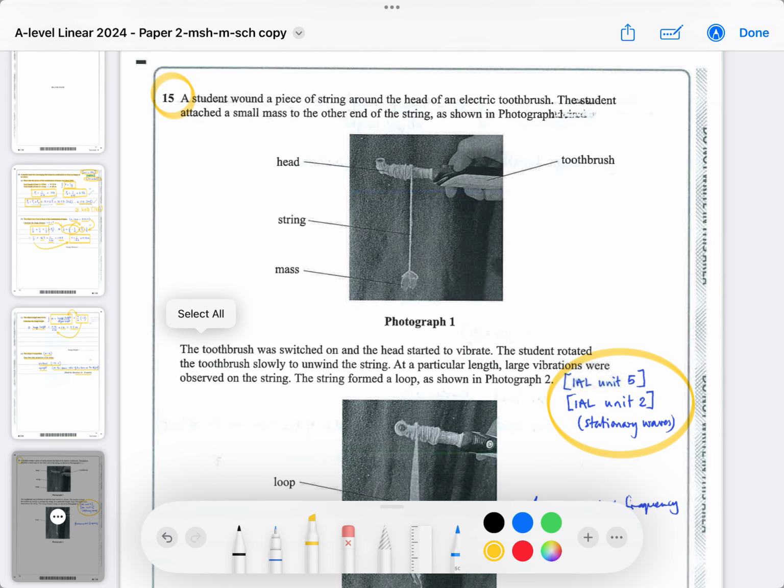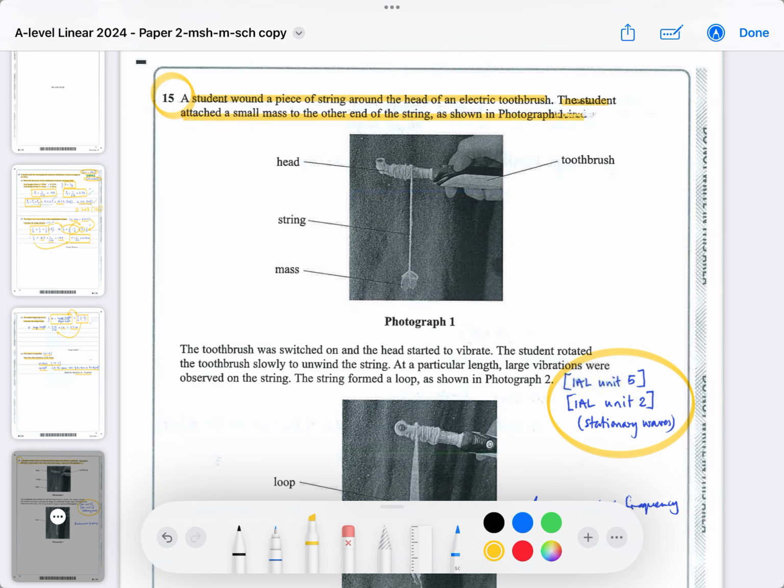Question 15. A student wound a piece of string around the head of an electric toothbrush. It's not very clear in the picture. The student attached a small mass to the other end of the string as shown in the photograph.